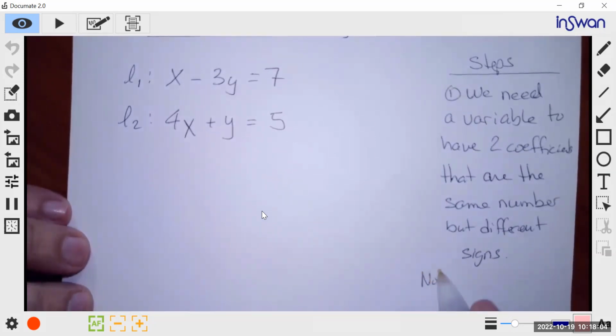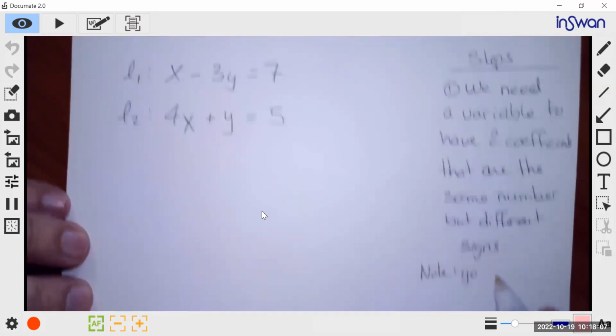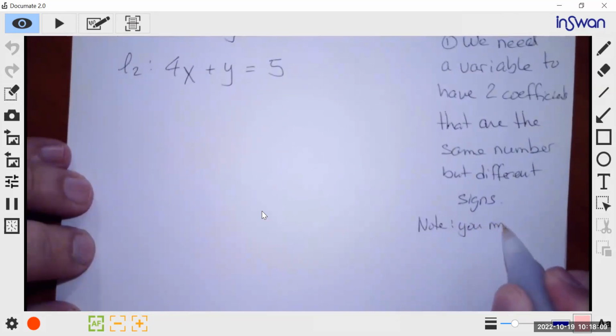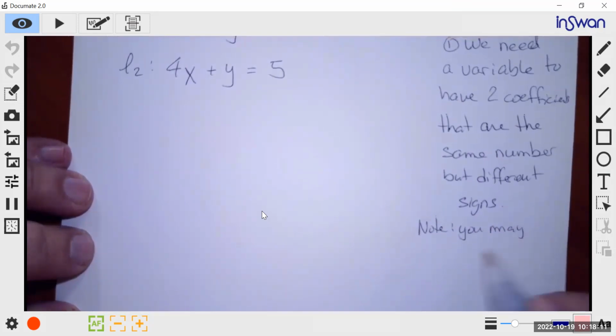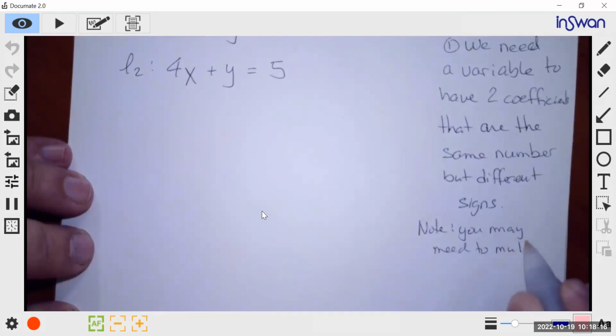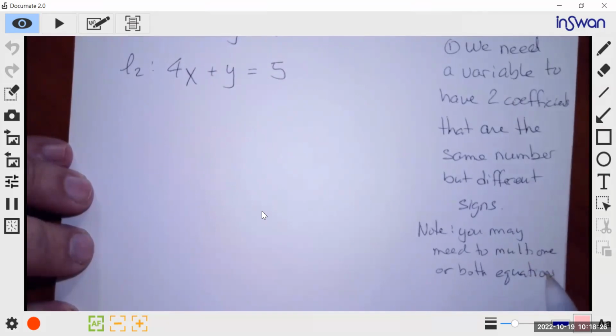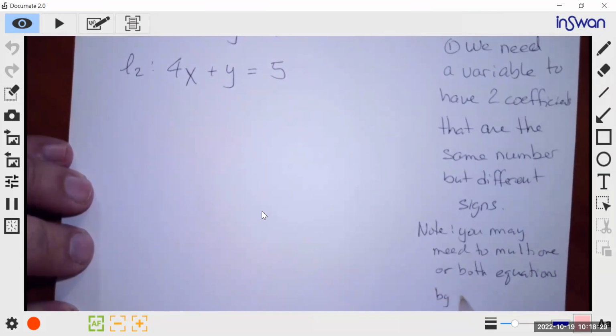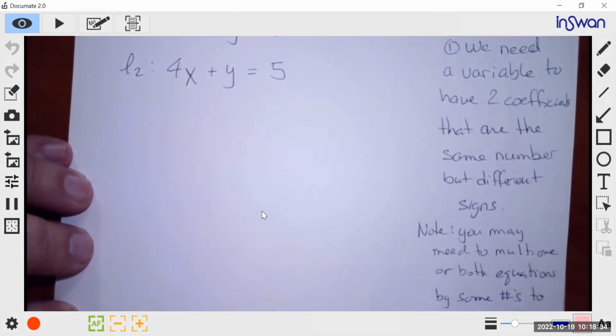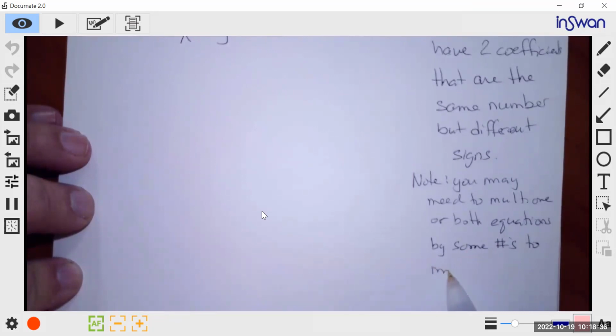Note, you may need to multiply one or both equations by some numbers to make it so.